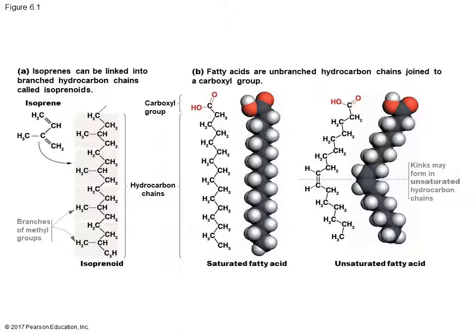So what's the difference? Well, I see some double bonds. Instead of single bonds, there's some double bonds between carbon and another carbon. That means it's missing some hydrogens. And when you have a double bond, at that point, there's a kink or a bend. And this is important because it changes the density of a lipid.